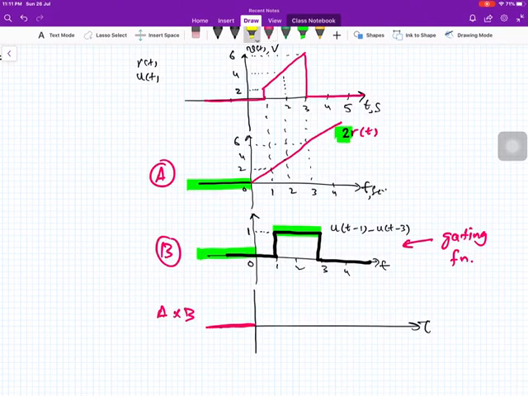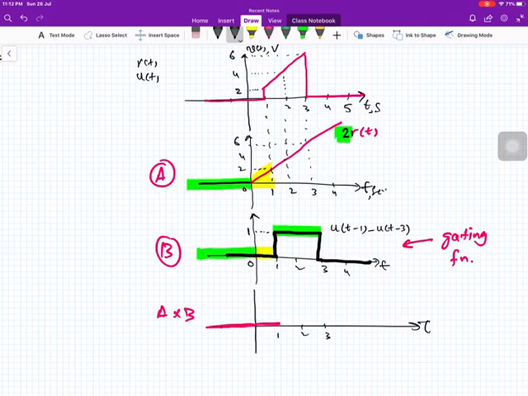Then what is A from 0 to 1 second? It's the ramp with the slope 2. What is B from 0 to 1 second? It is 0. Therefore, the product is also 0.